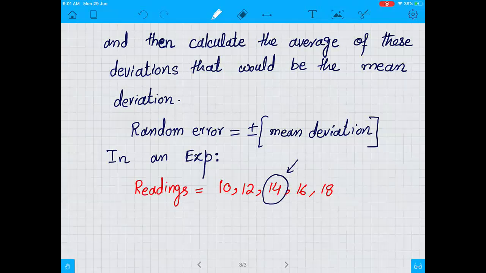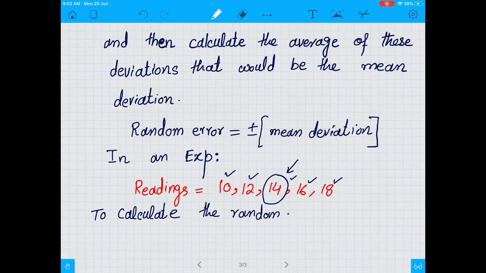Now to calculate the random error, the first step is to calculate the deviation of the readings from the average.